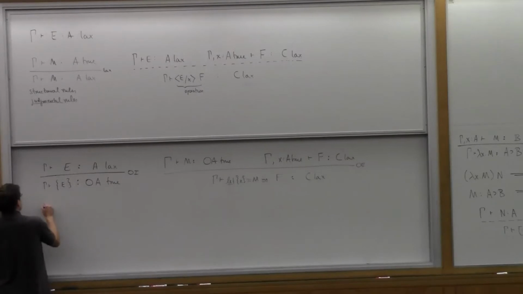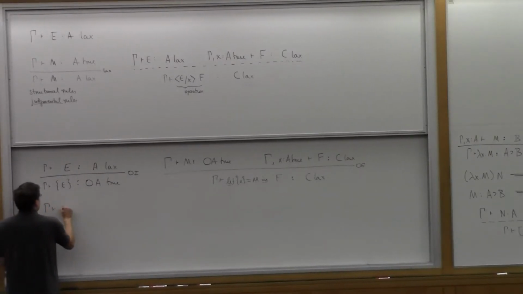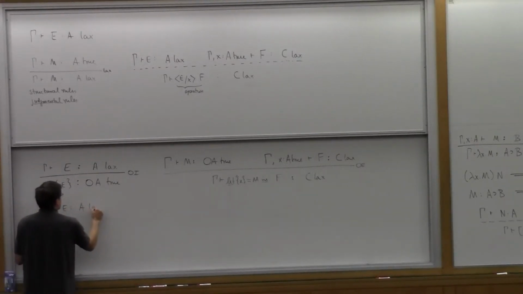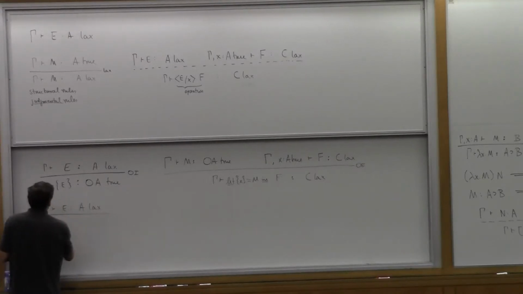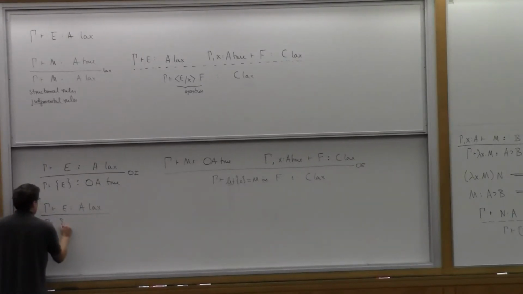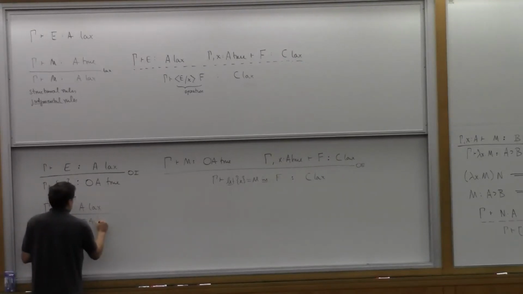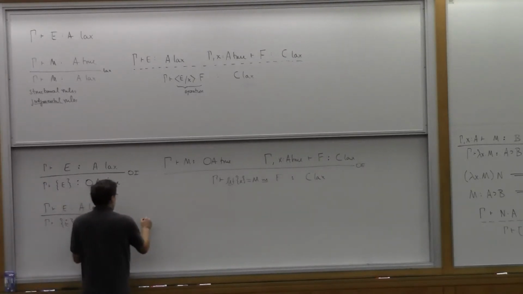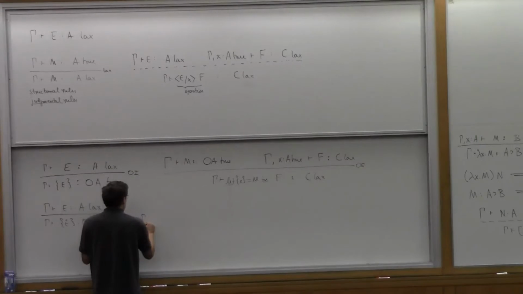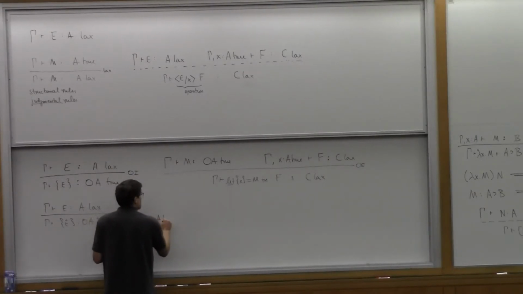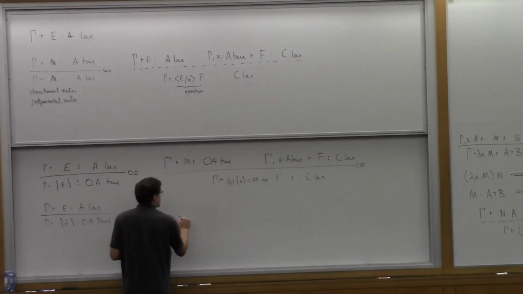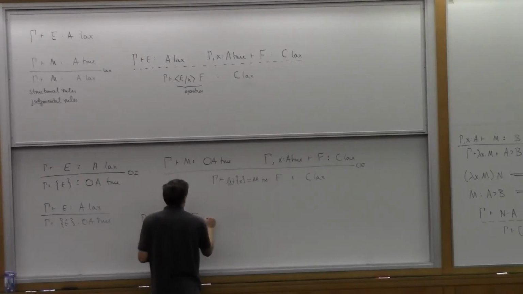Okay, so if we have something like this, gamma ⊢ E : A lax, then gamma ⊢ {E} : circle A true, and then we eliminate again, so gamma, X : A true, we prove F : C lax.